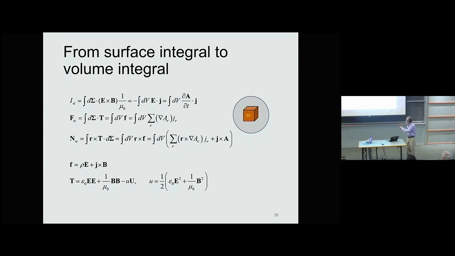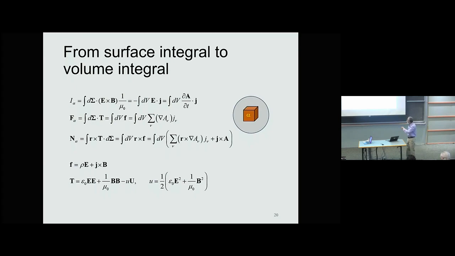The energy current is related to the Joule heating, of course, and the force is originally the Lorentz force. However, we don't like to have rho because we want to get rid of rho. We get rid of rho by the continuity equation, and because we are in steady state, we can do integration by parts.